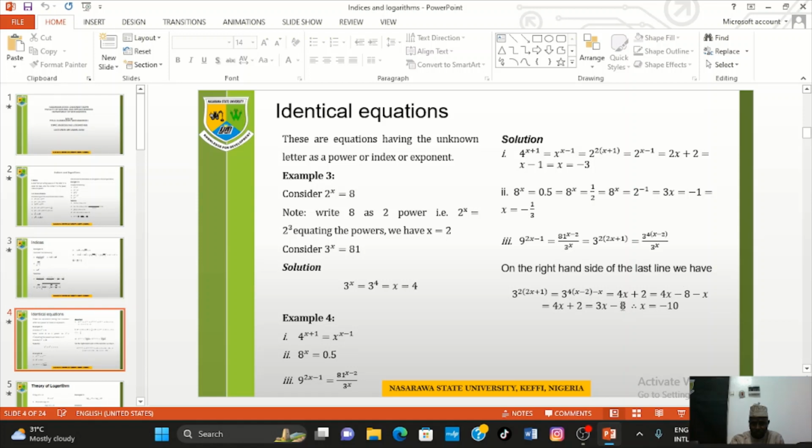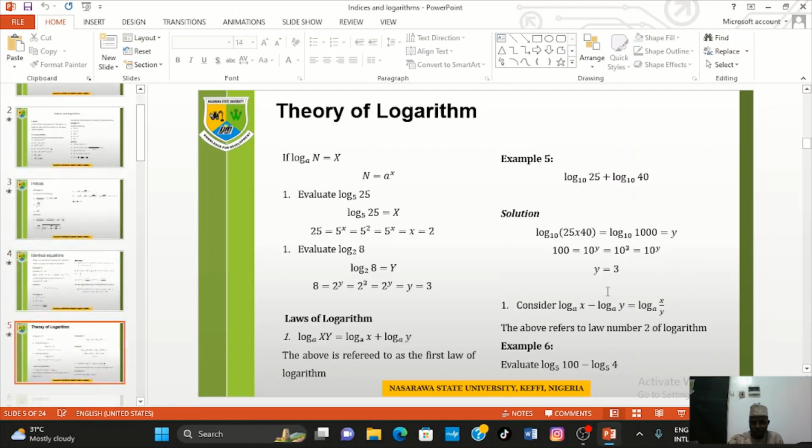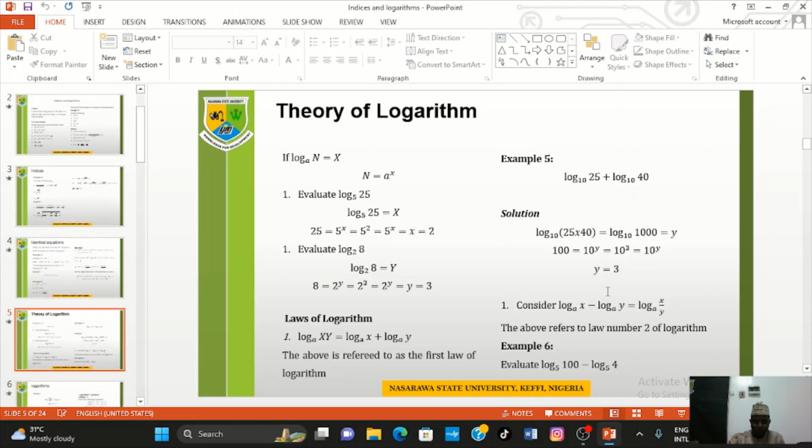When you collect the like terms, you take the 3x from the left hand side to the right. Then we have this. Then taking the 2 to the other side, it turns to minus 2. So we have x equals what? The minus 10 stands as the result of that particular simplification.